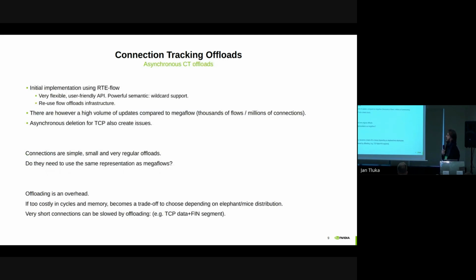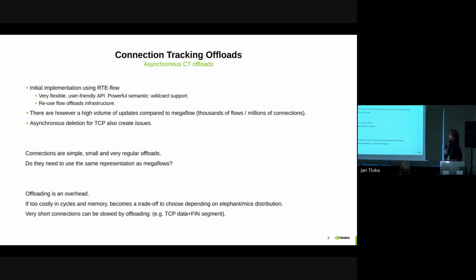So to recap, we first used the rte_flow API from DPDK. It is a very flexible, in a sense very simple to use API. It does dynamic allocations. It has a very powerful description of the flow representation. And also it reuses an existing infrastructure. So of course, it's much faster to implement, much faster to adopt.